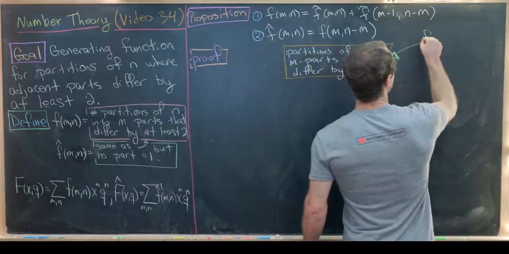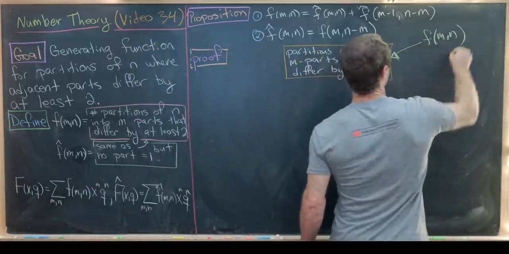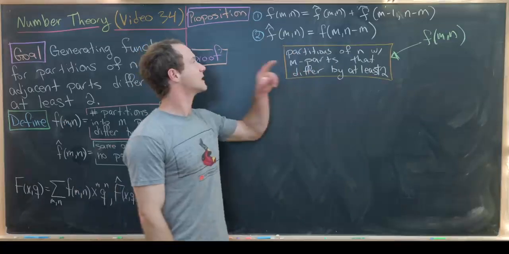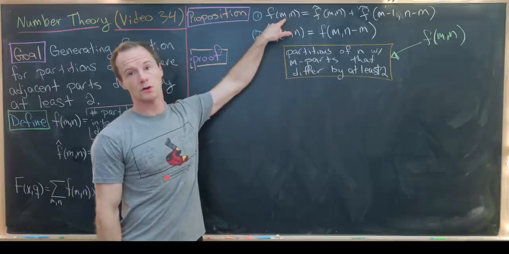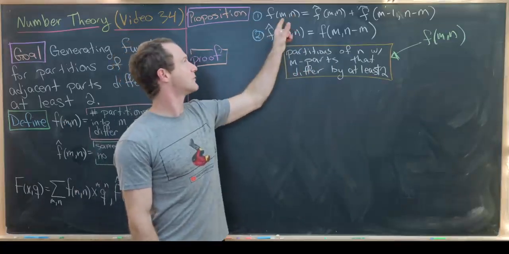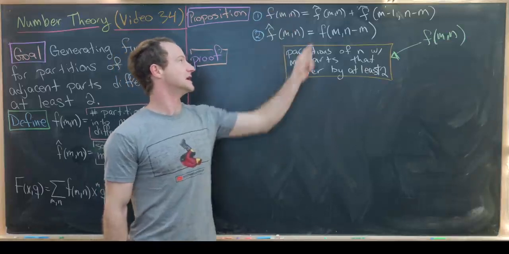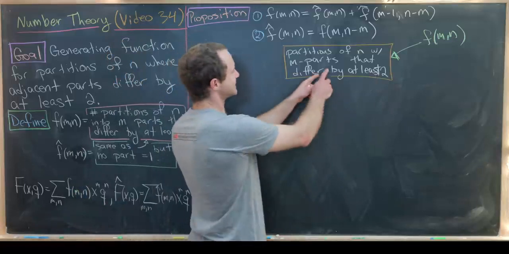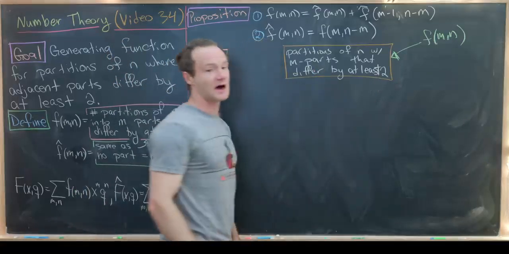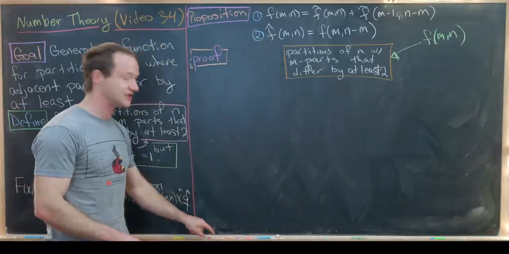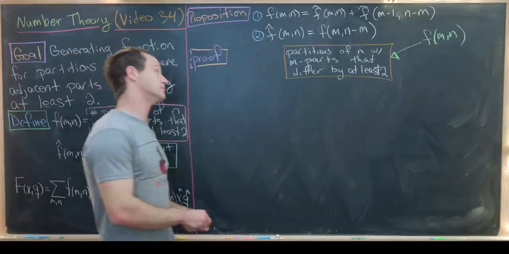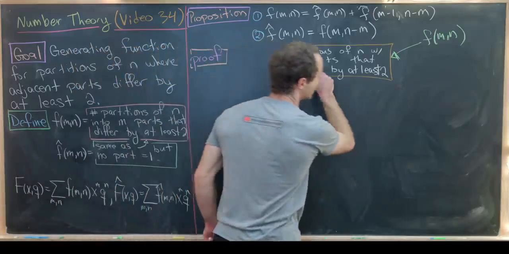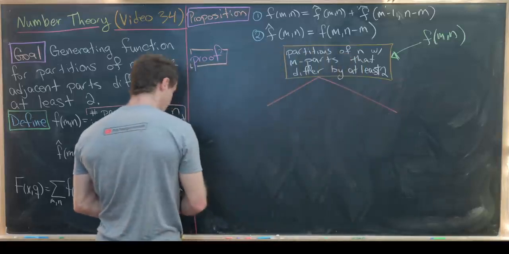So there are f mn elements in this box by the definition of f mn.